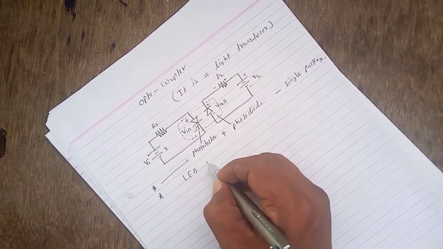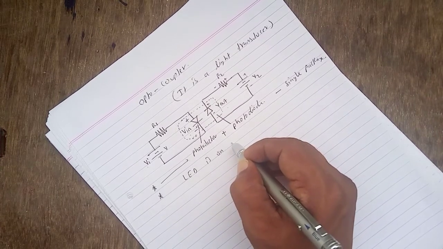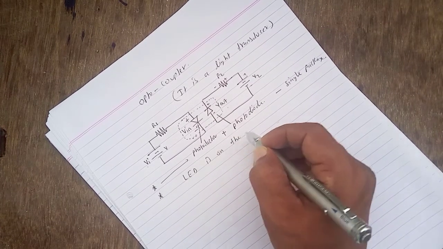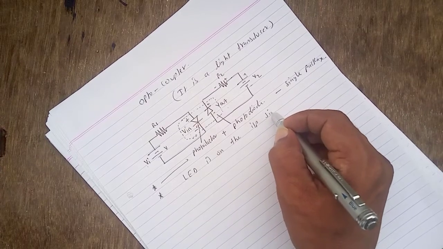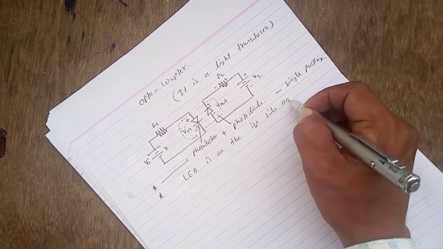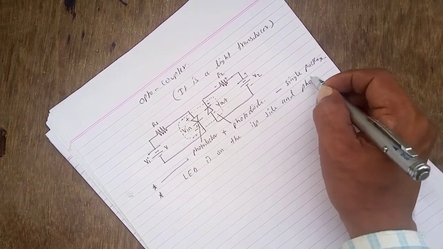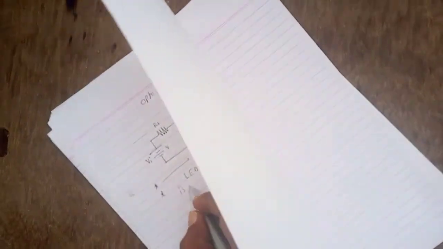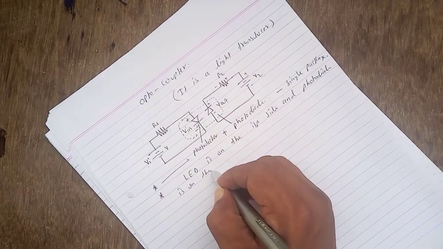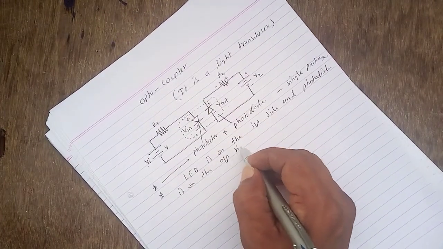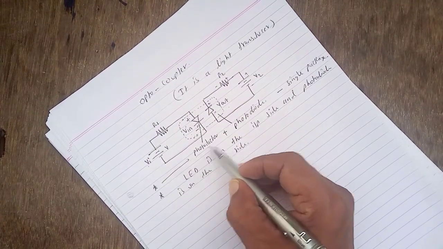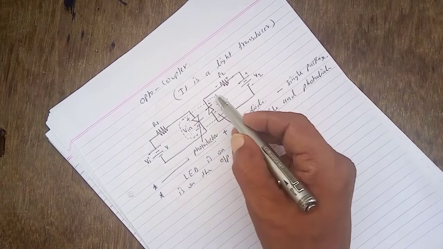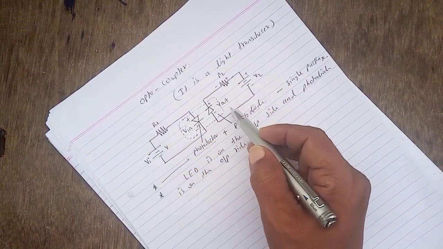The LED is on the input side and the photodiode is on the output side. Okay, the photodetector and the photodiode form a complete package.